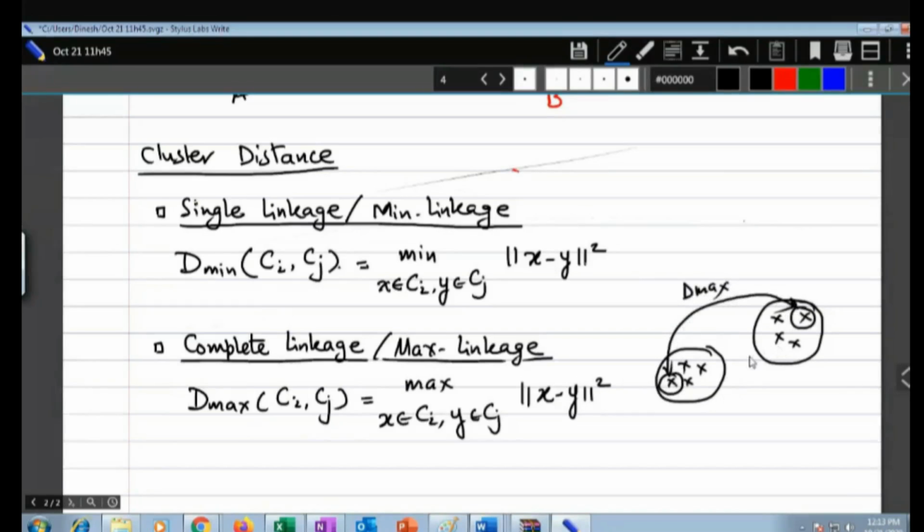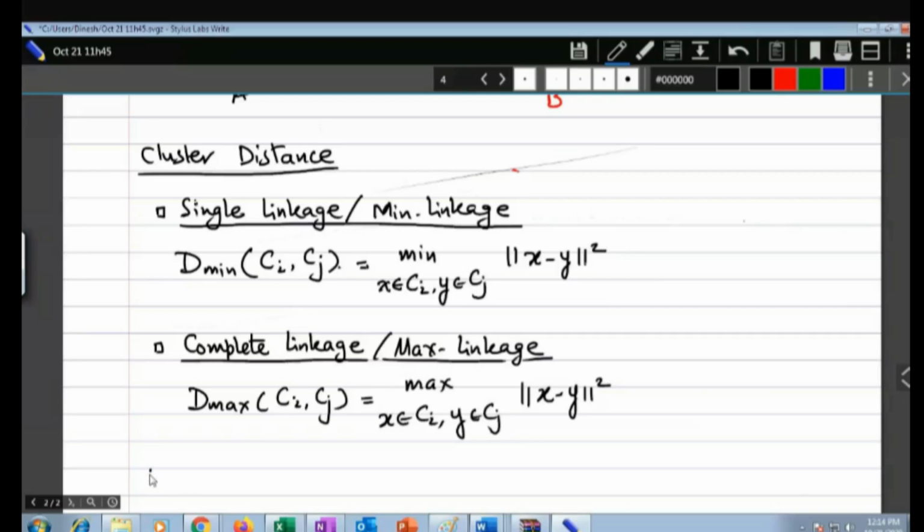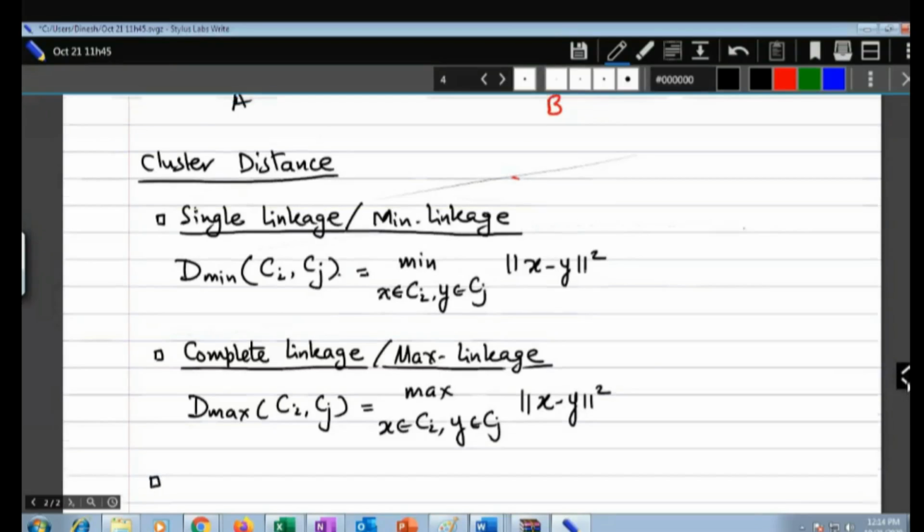But to find D max, you have to compute distances from all data points of cluster A to all data points of cluster B. Only then will you be able to find the maximum distance.